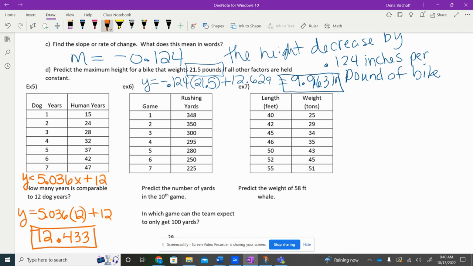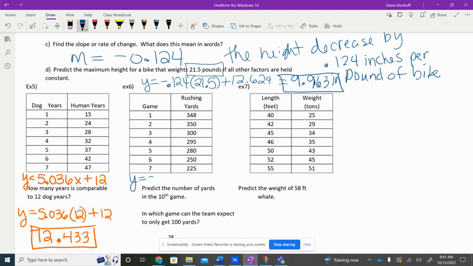Example, our table number 2, games and rushing yards. Who's that table? Table number 2. What'd you guys get, Lainey, for your equation? Do we have a table input at all? Okay, so y equals, what's the a value on your table?